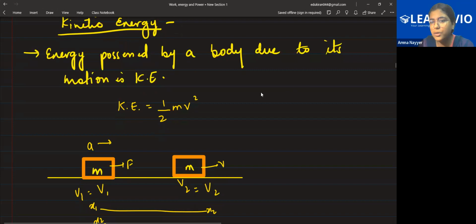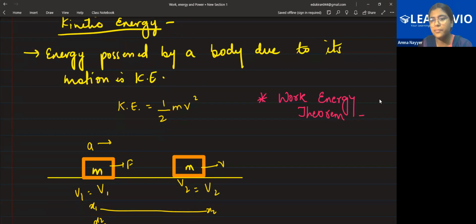One thing you have to remember before we start with anything is the work energy theorem. All right. So what is the work energy theorem? The work energy theorem basically says that whatever is the net work done we are getting, the net work done is actually the change in kinetic energy.